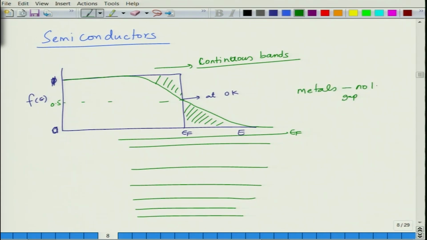No large gap exists between energy levels.